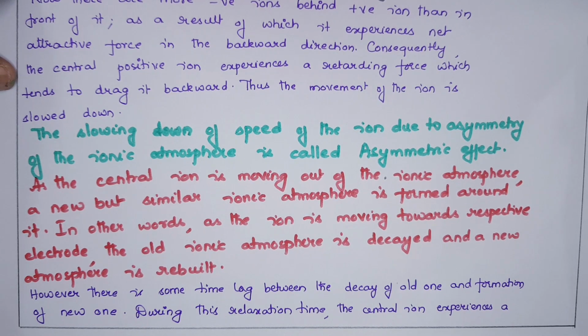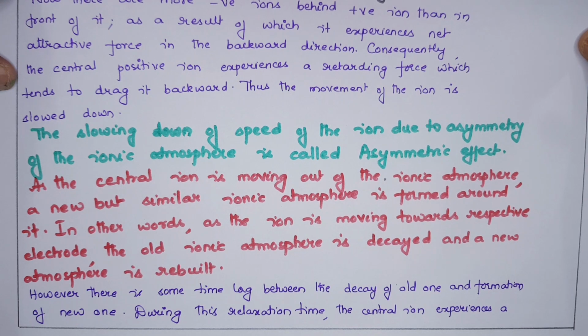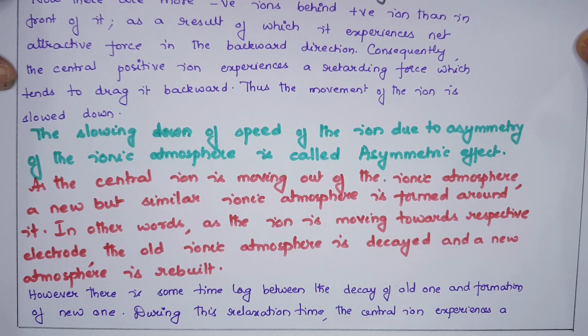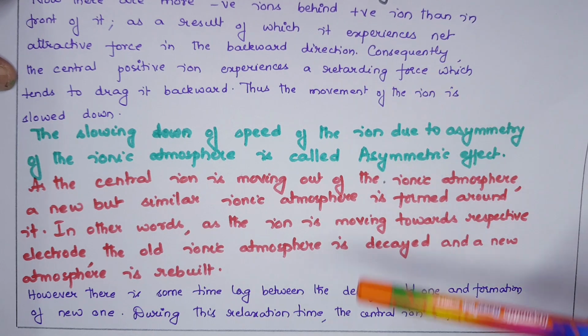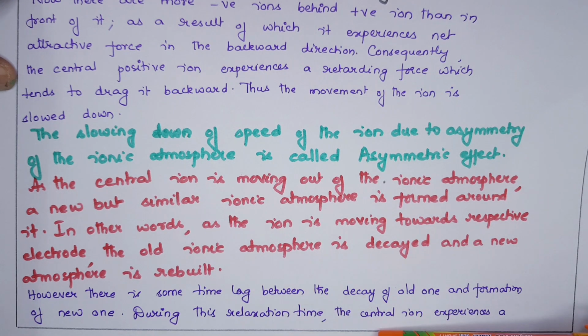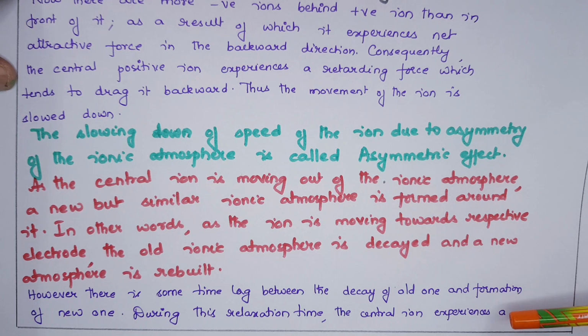During this relaxation time, the central positive ion, what is happening? It experiences a backward pull by the old ionic atmosphere, and hence the movement is becoming slow or it's retarded.